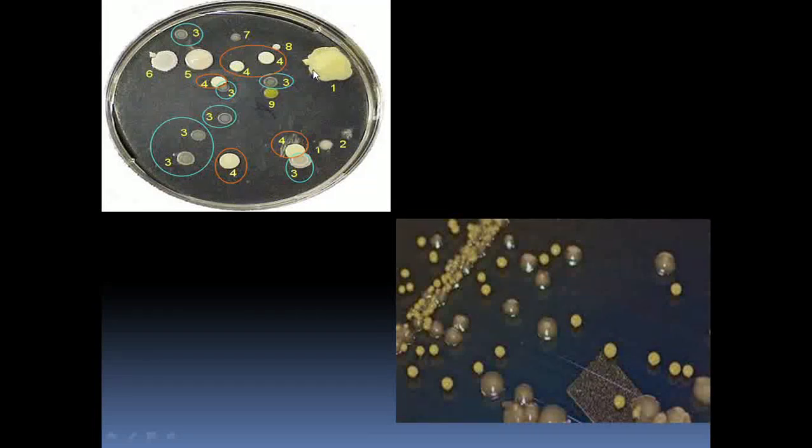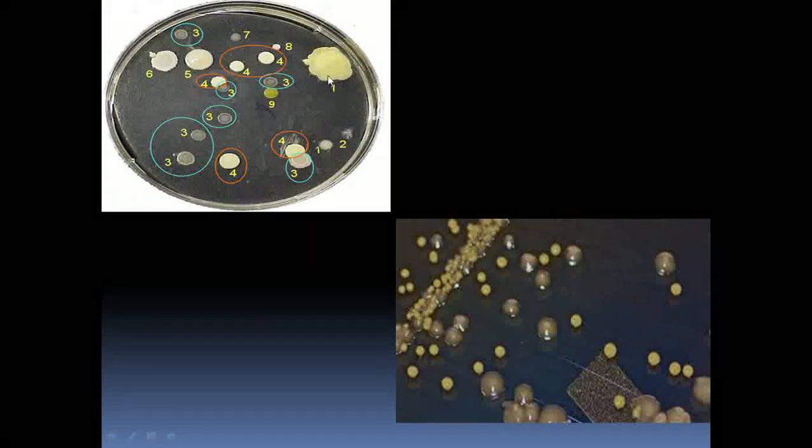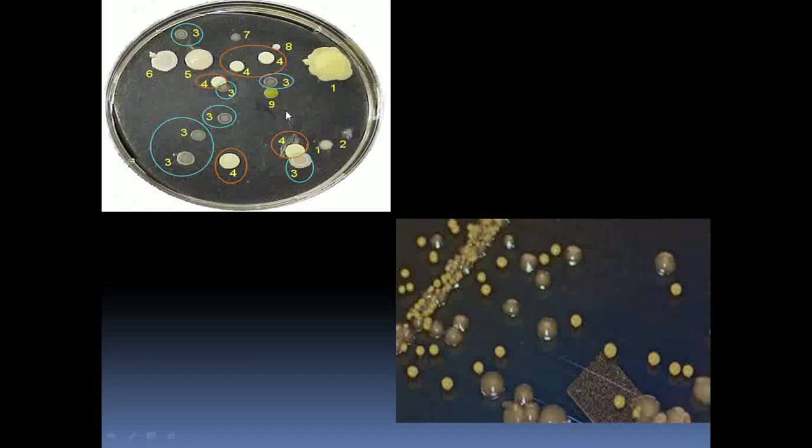Here the numbering is done. You can see number 1 and number 2. This is not the number of colonies formed, this is how many colonies of the same type there are. So here you can see number 3 colonies are more in number compared to number 4, right?